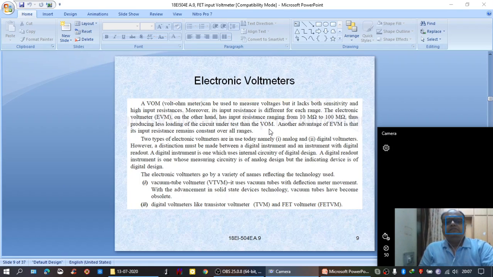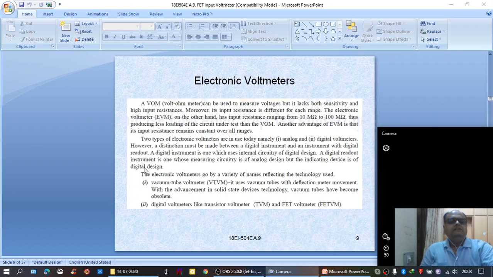Here the loading effect definitely would be there, but nominal, say 0.1% and 0.01%, when compared with 5%, 10%, 20%, 40% errors. Another advantage of the electronic voltmeter is that its input resistance remains constant over all ranges.